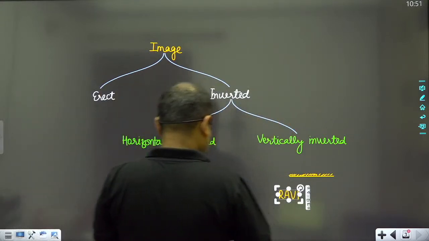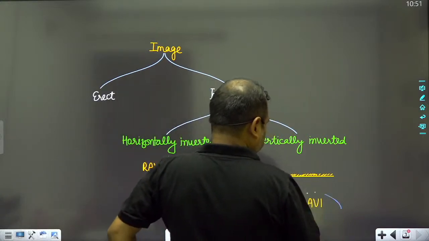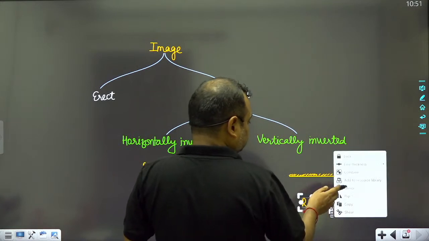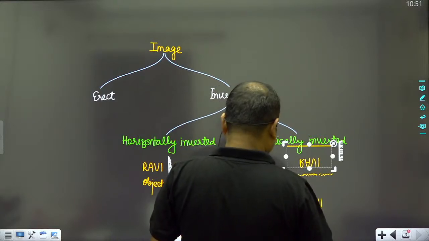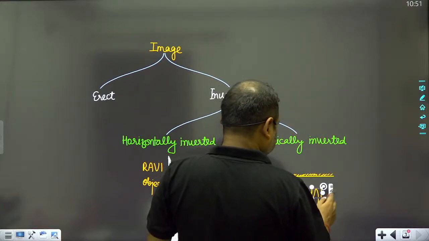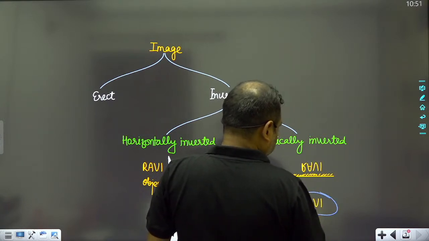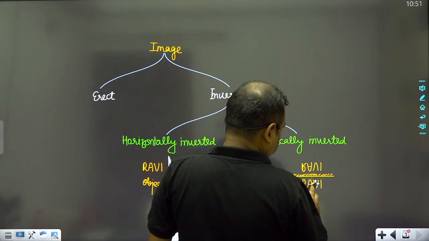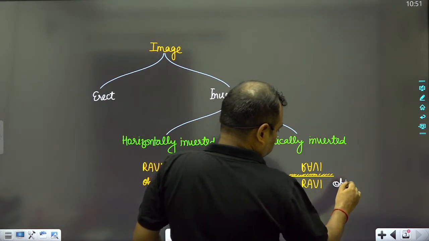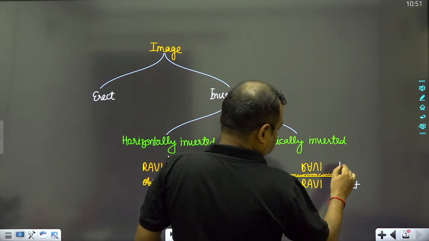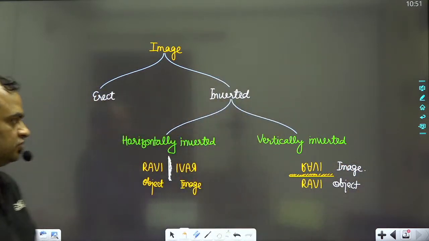In the case of the vertically inverted image, the vertical inversion will take place, like this. So this is the object and this is the image.